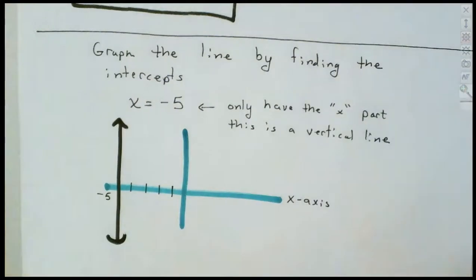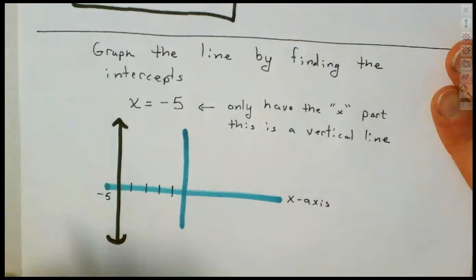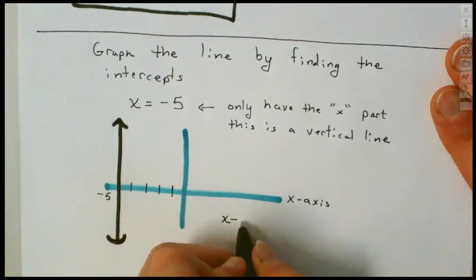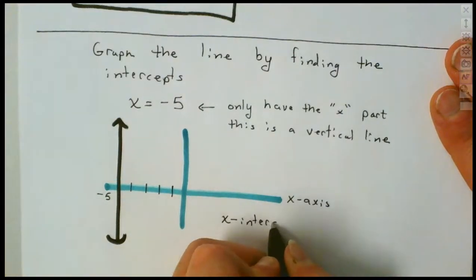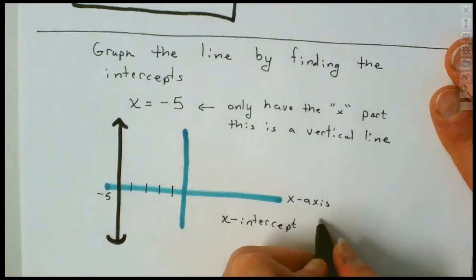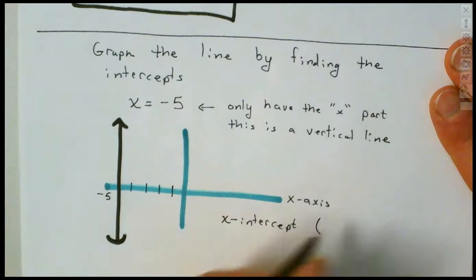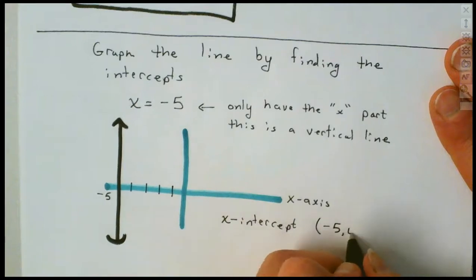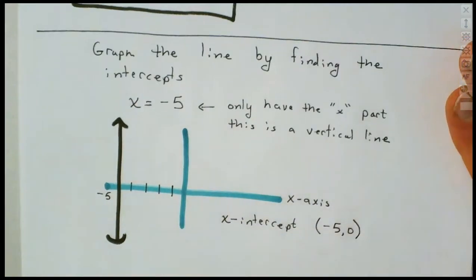And when we look at this, what do we know? Do we have an x-intercept? Yes, we do. It's not just negative 5. What would it be as an ordered pair? As an ordered pair, it would be 0, negative 5. Because there is your x-intercept.